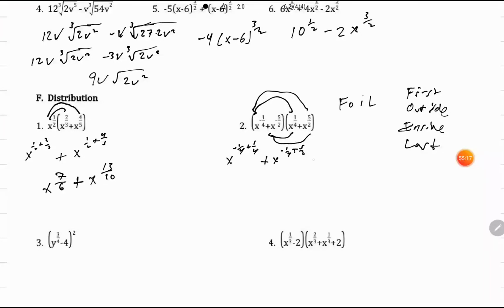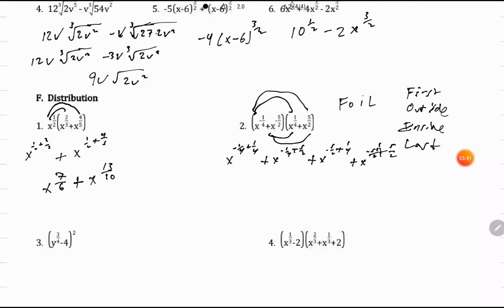Okay? And then we have plus x to the negative 5/2 plus 1/4. And then we have plus x to the negative 5/2 plus 5/2.